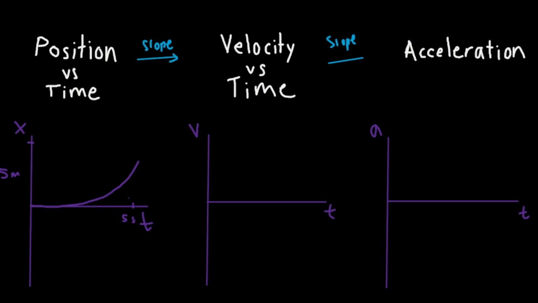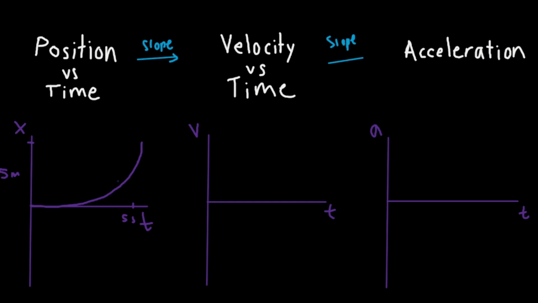And so by looking at this graph, we can tell at the beginning of the graph, the object has an almost flat slope, but towards the end, it has almost a vertical slope. So what does this mean? That means originally the velocity was close to or was 0, and at the end, the velocity was very positive. And looking at this, we can tell the slope constantly changes throughout the graph.